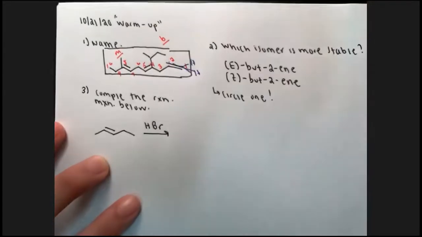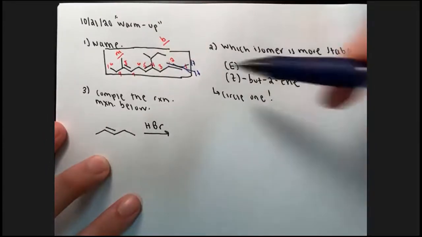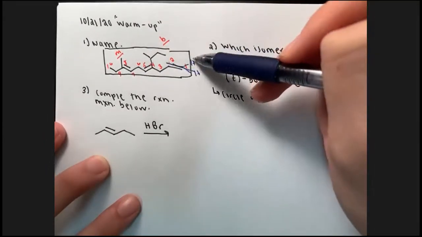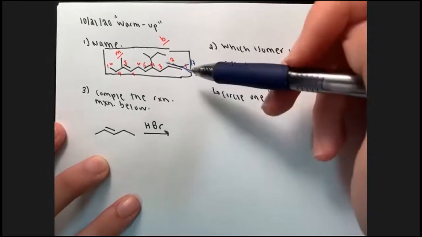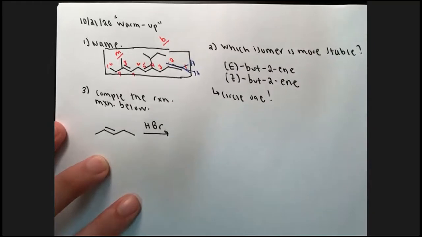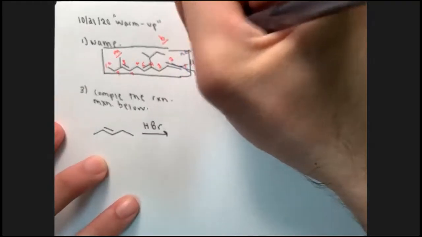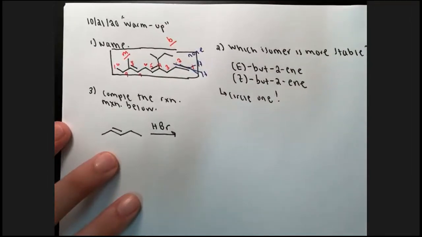Being terminal, if we draw that horizontal line through that alkene, we have a proton on the top and a proton on the bottom. Them being the same substituent doesn't give me any difference in priority. So there is no E/Z geometry for that specific alkene.